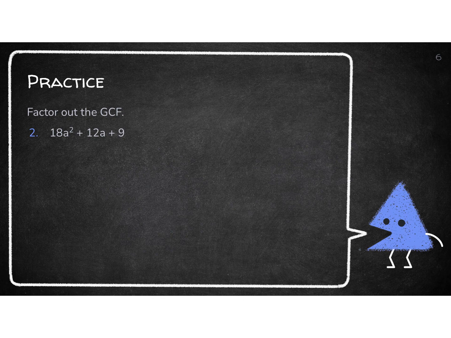Let's go ahead and look at number 2 here. So I have 18a squared plus 12a plus 9. So I'm going to look at my 18, my 12, and my 9. Okay, so 18, I know that I have 1 and 18, 2 and 9, 3 and 6, 4 does not go into 18, 5 does not go into 18, 6 is already in my list, so I'm done. 12, I have 1 and 12, 2 and 6, 3 and 4, 4 is already in my list, so I'm done. 9, I have 1 and 9, 2 doesn't go into 9, and 3 and 3.